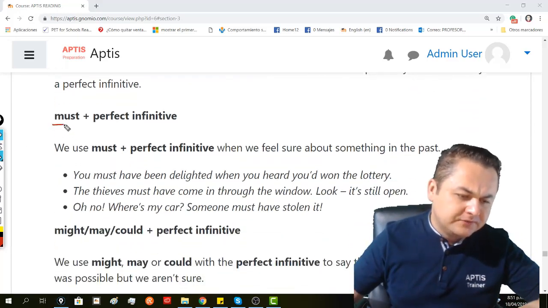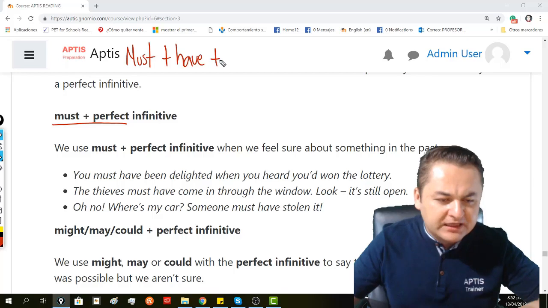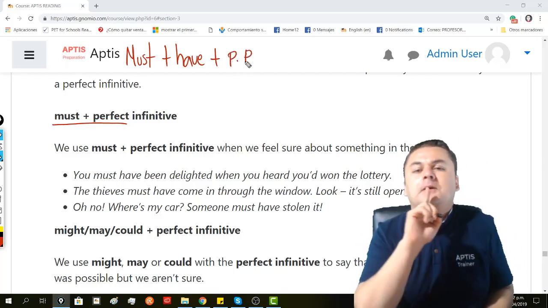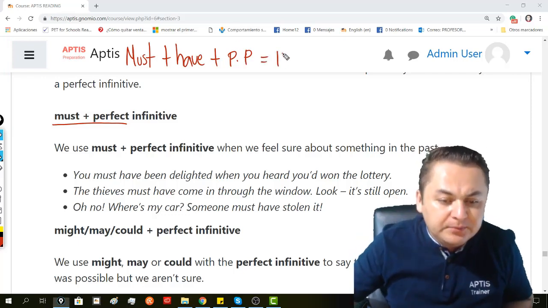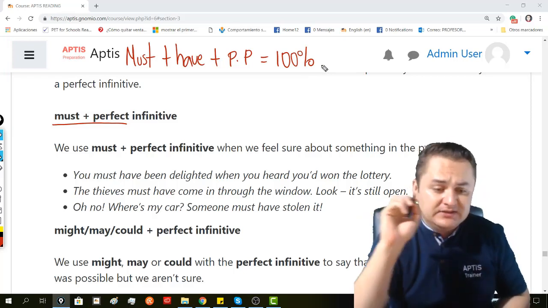I use, for instance, must plus have plus a verb in its past participle form when I am 100% sure that something happened in the past.